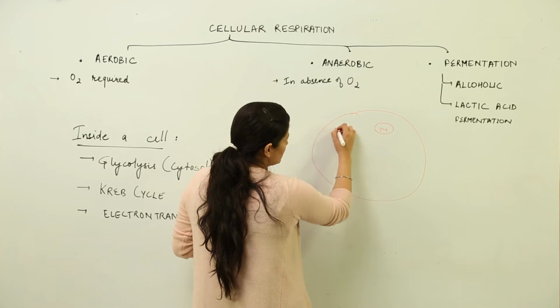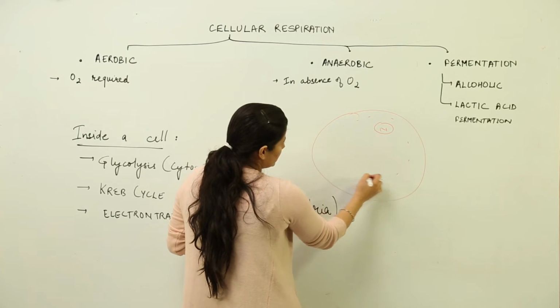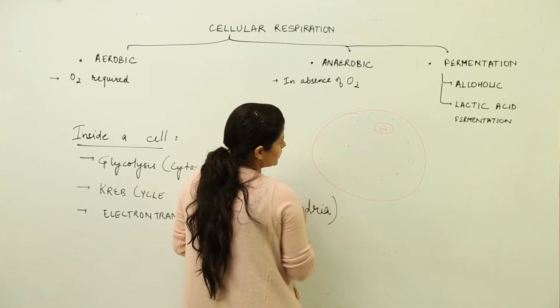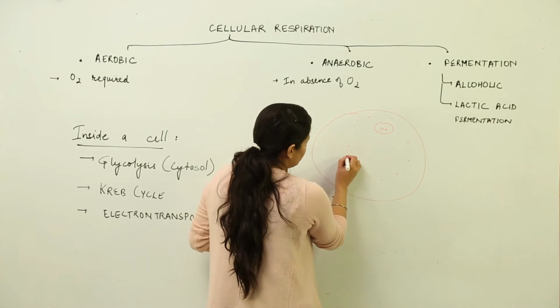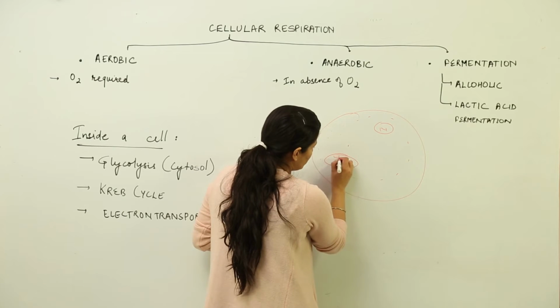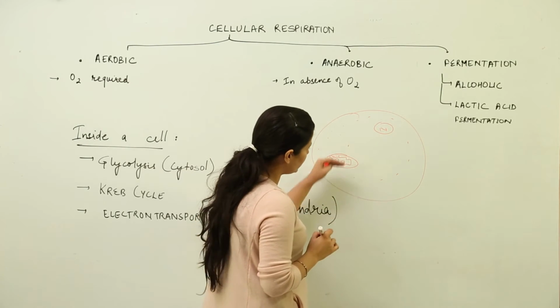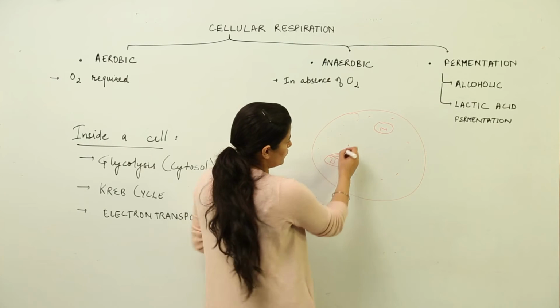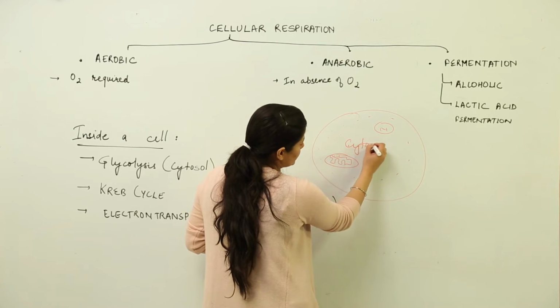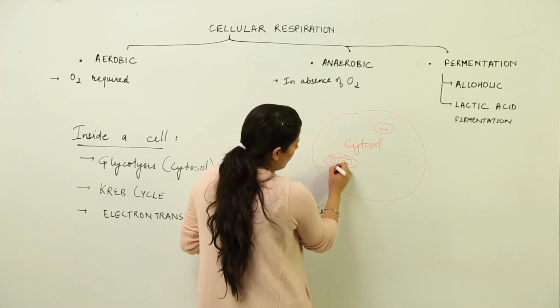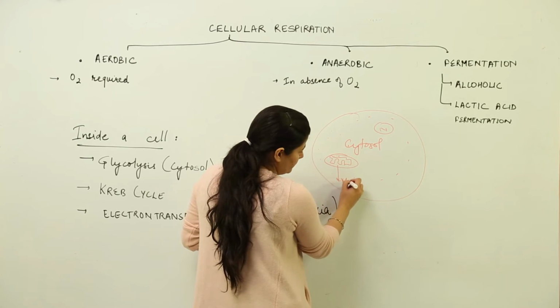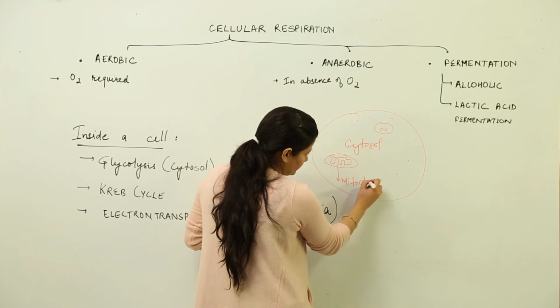This is the cytosol, where some part of respiration takes place, and there is an organelle known as the powerhouse of the cell, the mitochondria. So basically these two parts, the cytosol and the mitochondria, are involved in cellular respiration.